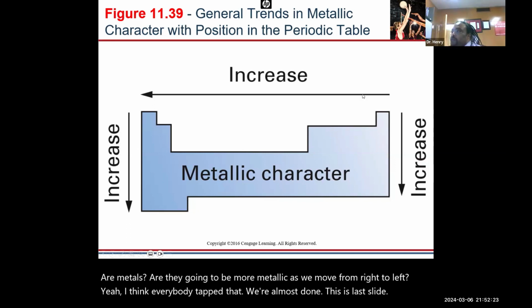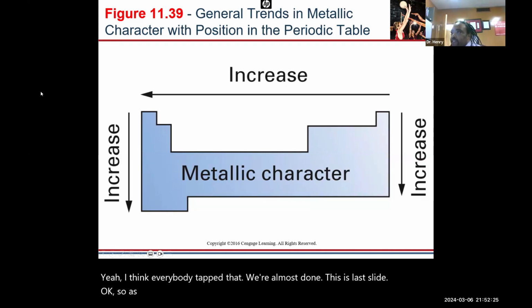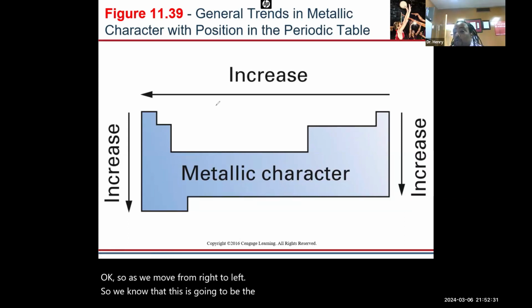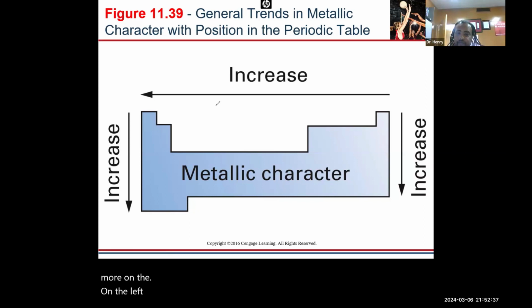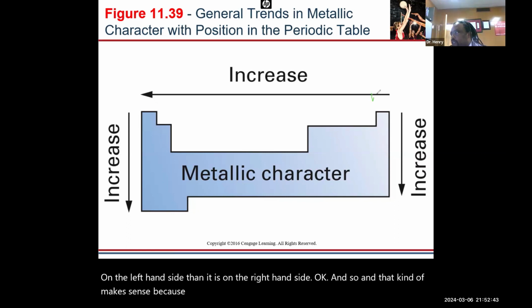Okay, so as we move from right to left, the metallic characteristics are going to be more on the left-hand side than on the right-hand side. That kind of makes sense because our nonmetals are over here. So I'm going to put NM for nonmetals, and then we have our metals over here.